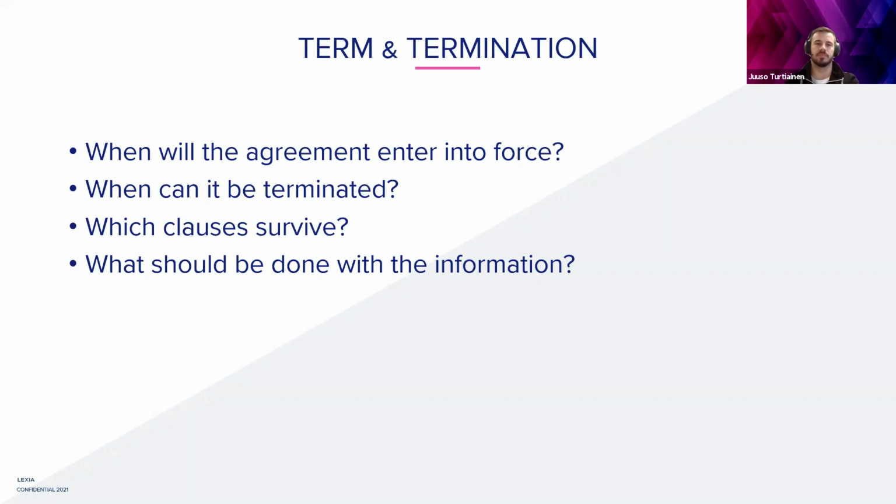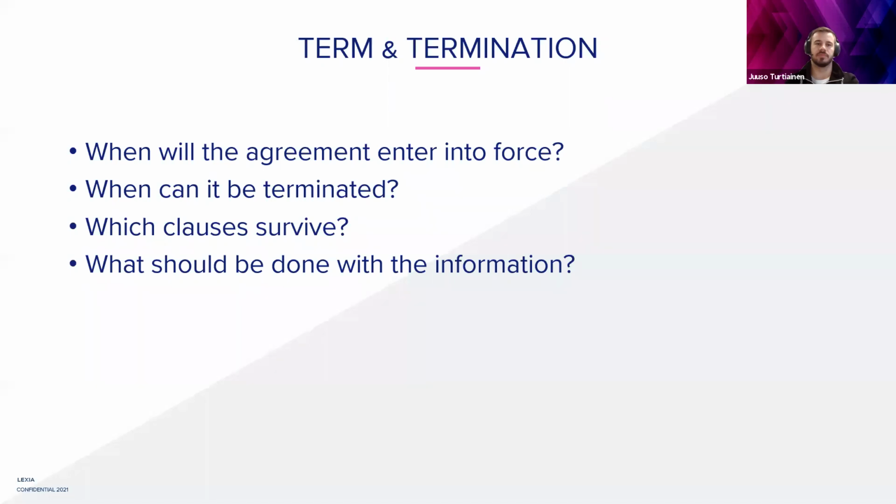For example, the confidentiality obligations and the sanctions, so as to ensure that when the agreement terminates, the other party can't just begin to use any information for any purpose that they might want, but that the clauses will survive the termination, for example, for 3 or 5 years, to ensure that once that term has come to an end, the information that's been provided under the NDA is no longer viable or something that you would consider confidential, as in the course of the business, you have most likely gone forward with matters and the information itself is no longer relevant.